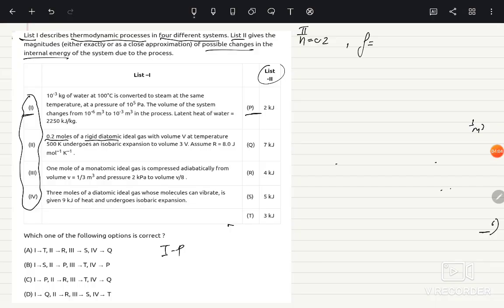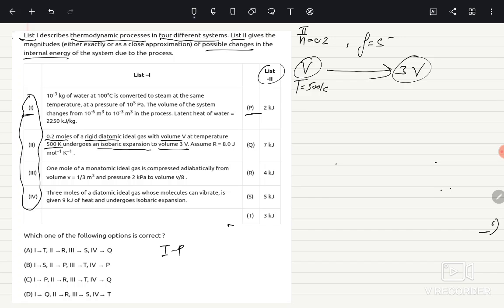The gas has volume V at a temperature of 500 Kelvin and undergoes an isobaric expansion, and the volume becomes 3V. When the volume increases 3 times in isobaric expansion, the temperature also increases 3 times, because volume is proportional to temperature. So the temperature will become 1500 Kelvin.